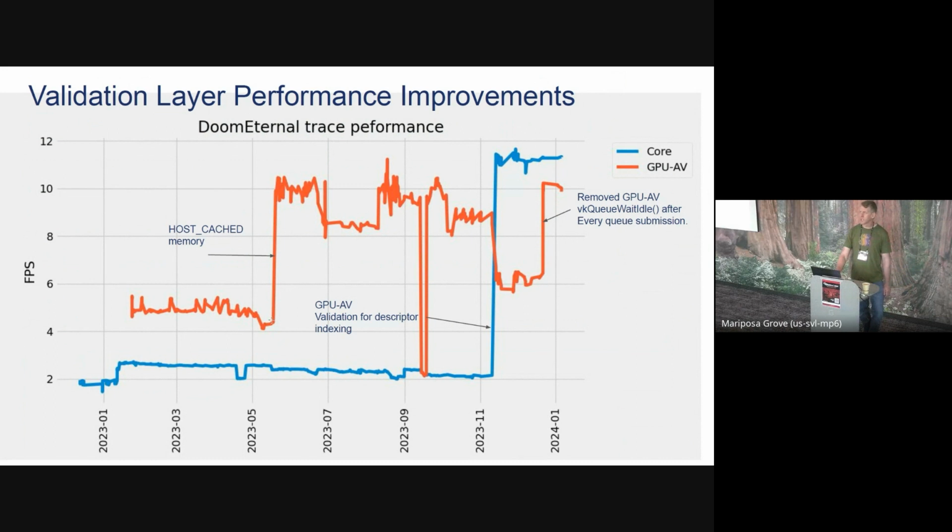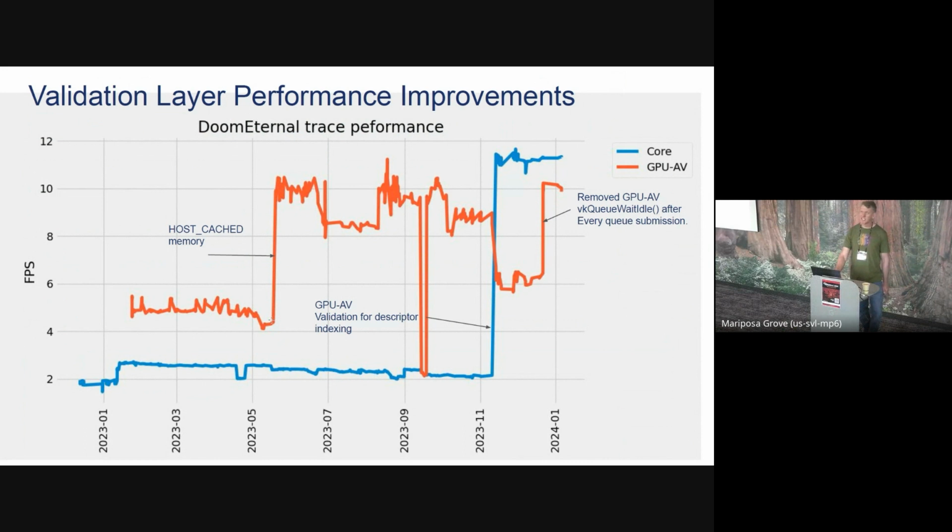The next big improvement there was we had a wait for idle in the GPU AV code, where after every submission, we wait for idle to post-process. Now we're using semaphores. That brings the performance back up a bit, where they're both kind of equal and marginally useful.